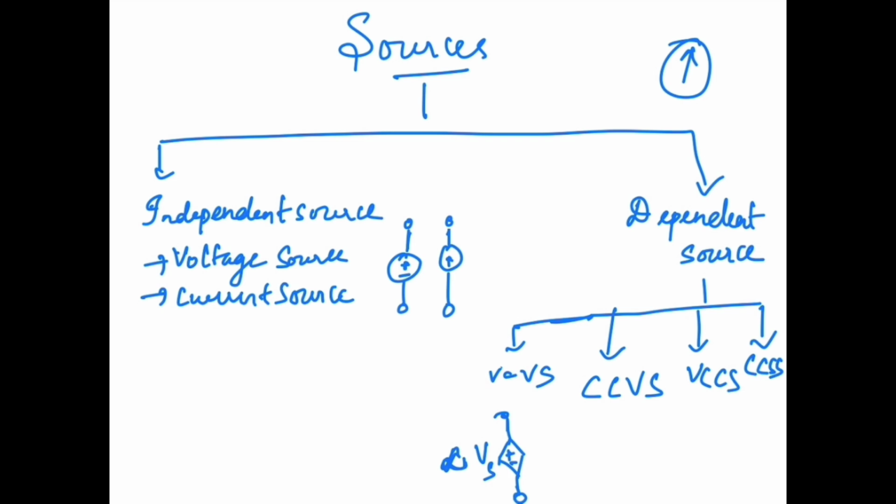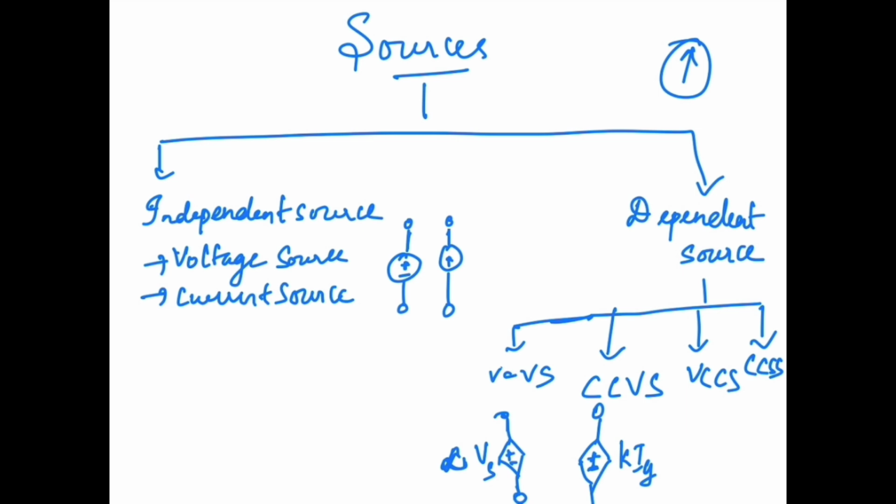If it is a current controlled voltage source, it will be a voltage source, given as Ig, where the value of the voltage is controlled by some other current flowing in the circuit.